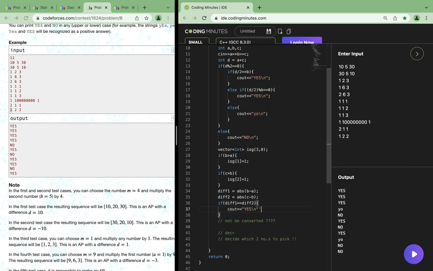Yes. Else if they are not, then check if we can change one of the numbers to make the difference the same. How can we change one of the numbers?